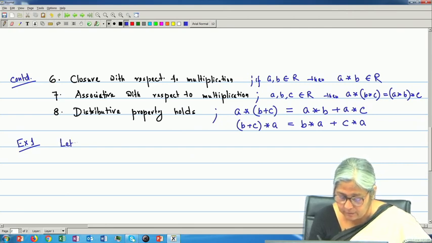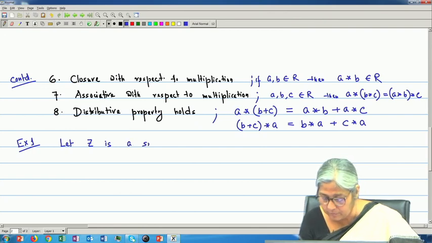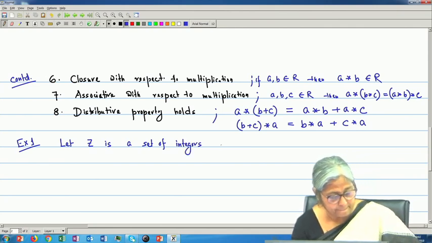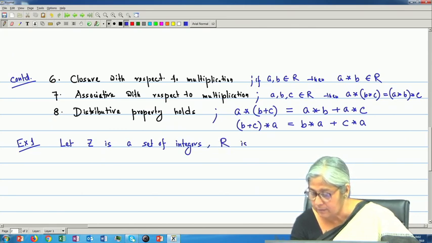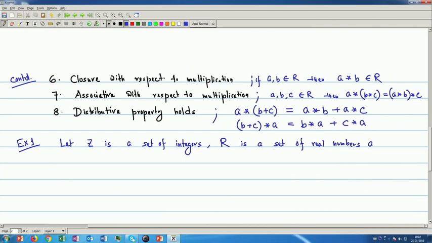So, let Z be the set of integers, R the set of real numbers, and C the set of complex numbers.